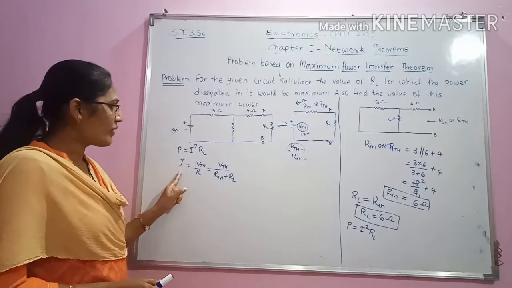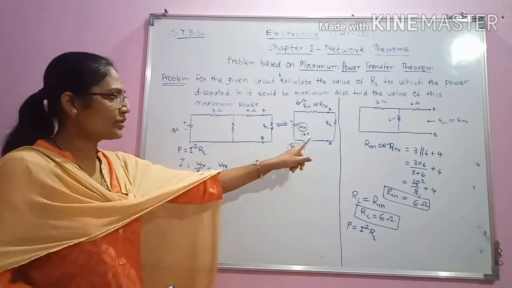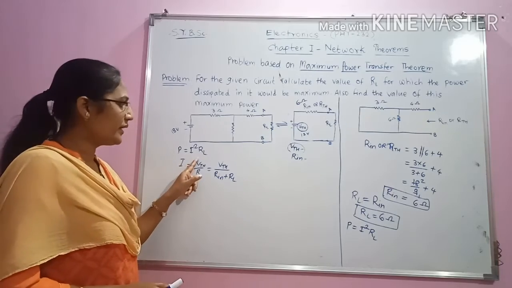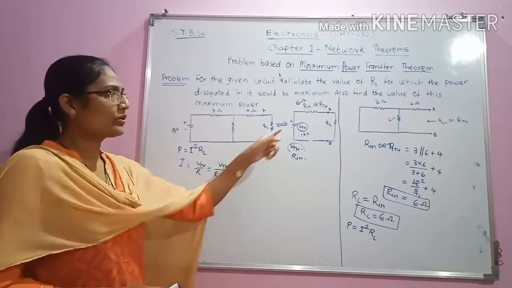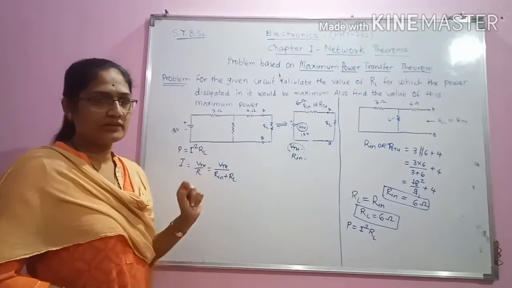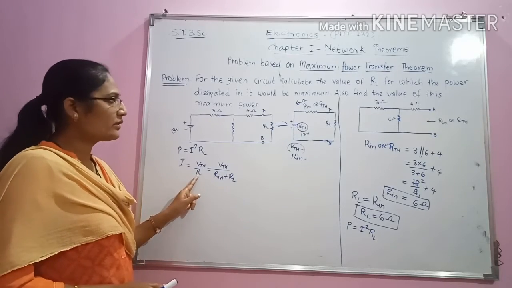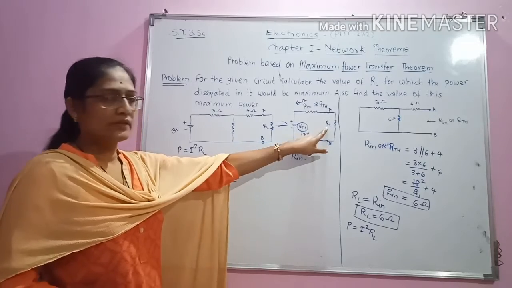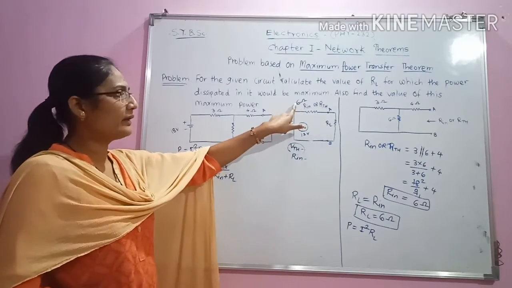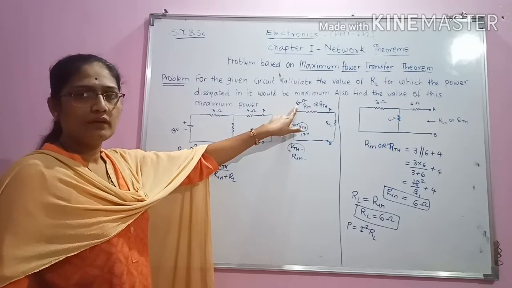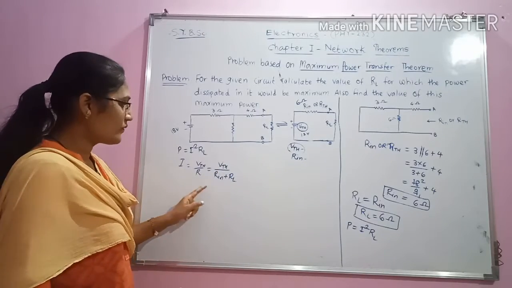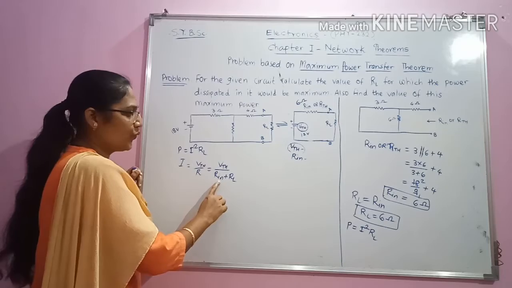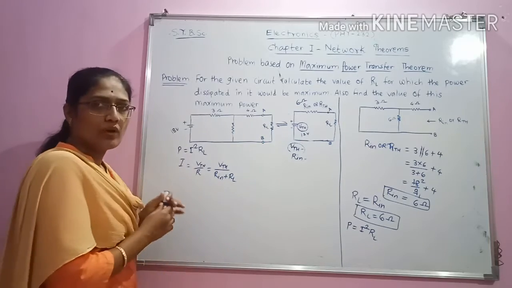But the value of I can be obtained by using this circuit, and it is nothing but VTH divided by the total internal resistance, which is the addition of the resistance across the load and the internal resistance. This value is given by VTH divided by Rin plus RL.